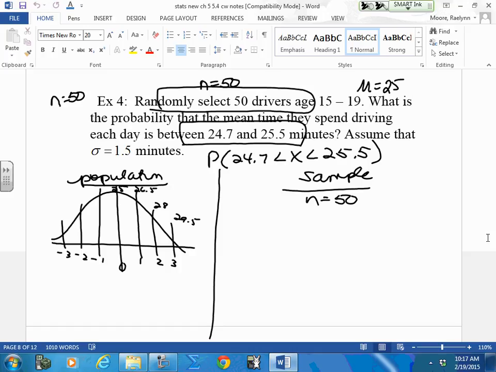I subtract 1.5. Okay, this is what my curve looks like. Agree? So my 24.7 to 25.5 is coming in between here somewhere. Agree? All right. Let's find your z-score for those things.